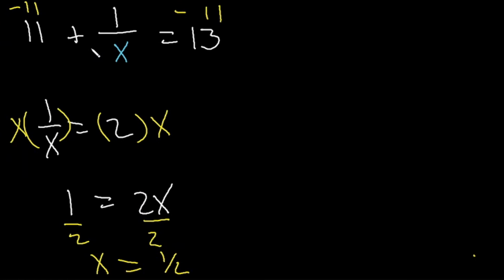The second way of solving this is we could multiply by x first. If we do that over here, we would get 11x, and then 1 over x multiplied by x would just, the x's would cancel, and you would just have 1. So plus 1, 13 times x is 13x. Well, now we have a variable on both sides, so we need to isolate it.